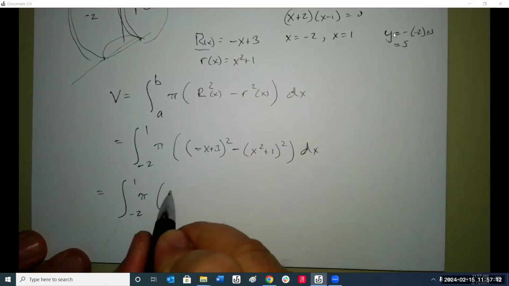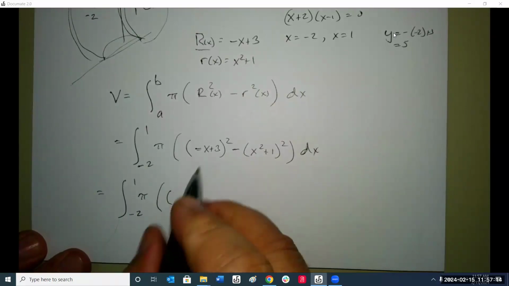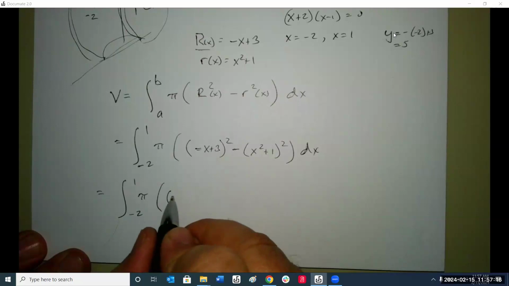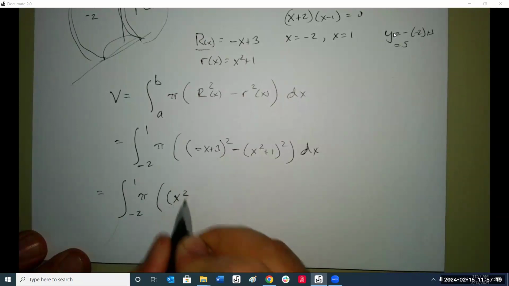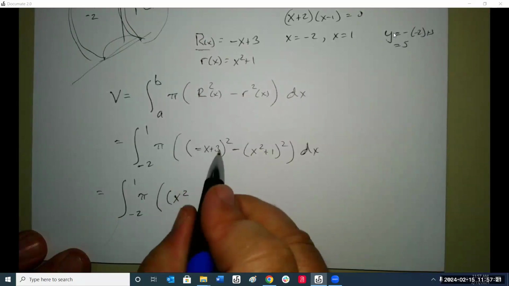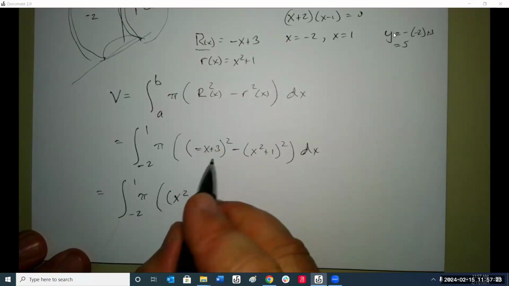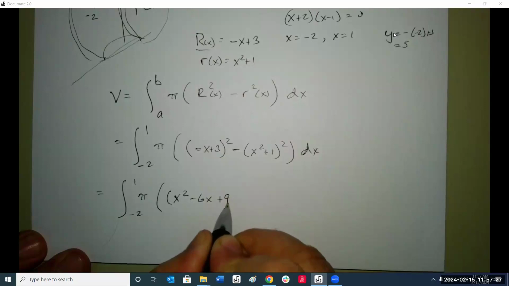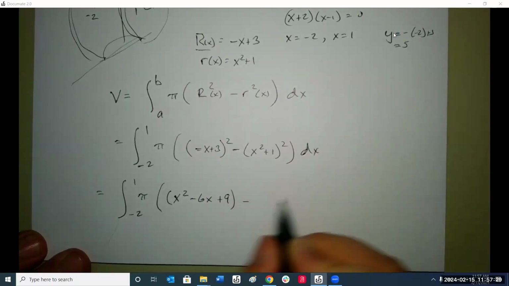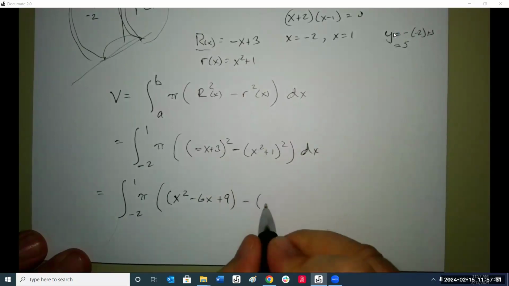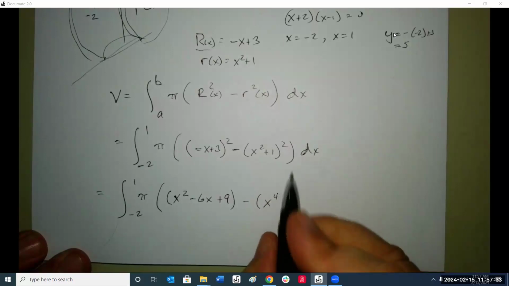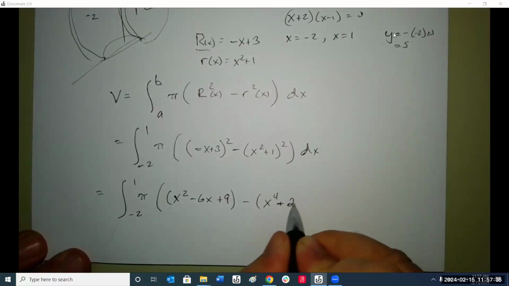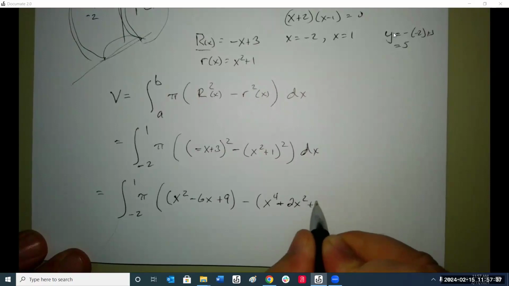So this first one is going to give us negative times negative is a positive x squared, -3, -3 is -6x plus 9. x squared squared is x to the 4th plus 2x squared plus 1.